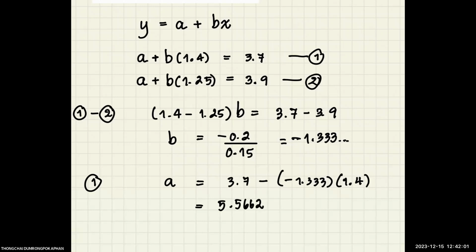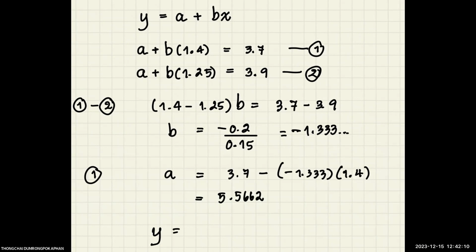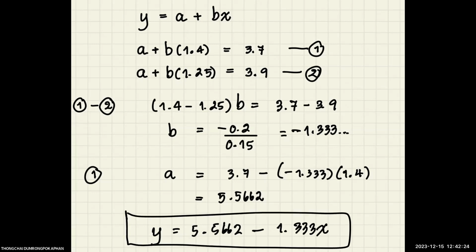The value of a is 5.5667, so your equation would be y equals 5.5667 plus minus 1.333x. This is how you get the values of a and b.